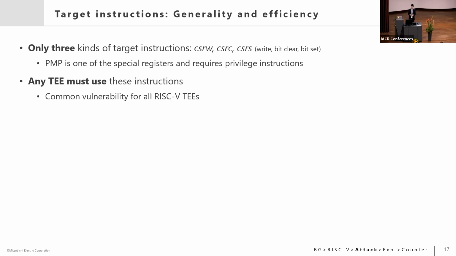This is because the PMP is one of the special registers and requires privileged instructions. So any TEE must use these instructions to construct a TEE on RISC-V. So skipping the reconfiguration of the PMP setting is a common vulnerability for all RISC-V TEEs. So our attack is general.